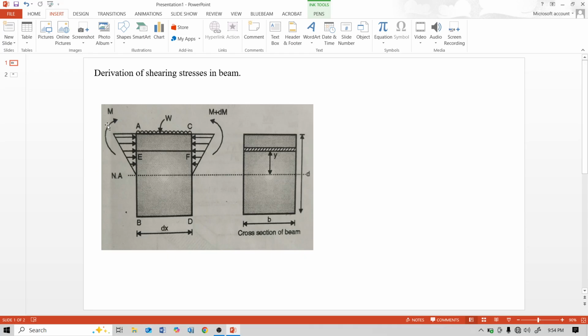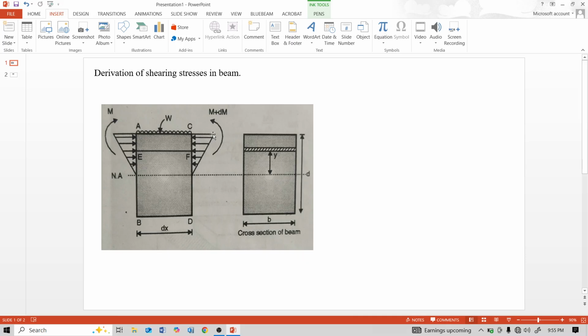And this M at AB and M plus dM at CD are bending moments.